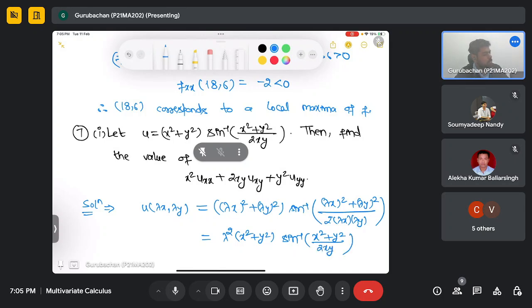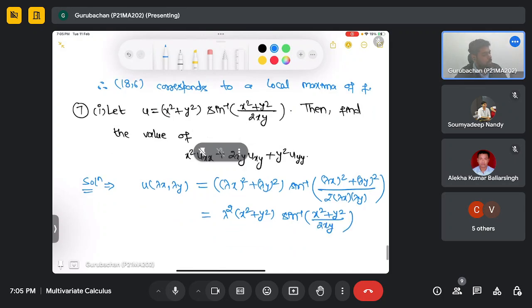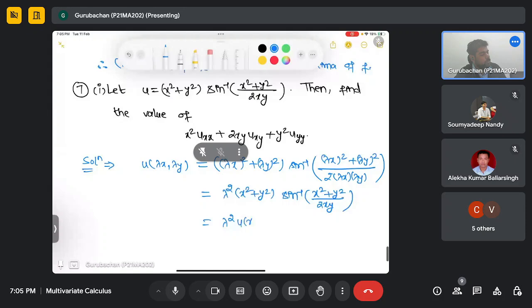Now clearly one can see that this is xy. Therefore, u is a homogeneous function of degree 2.